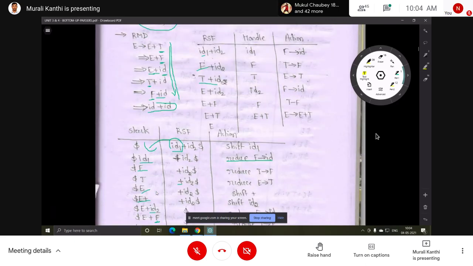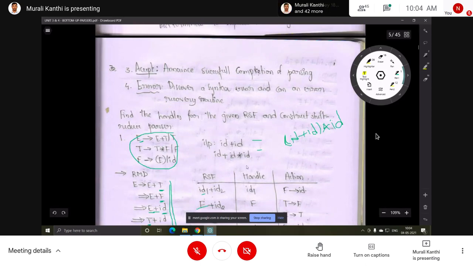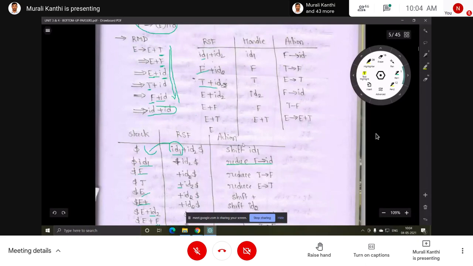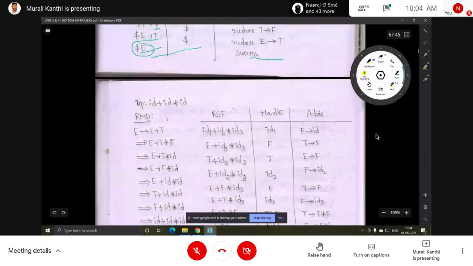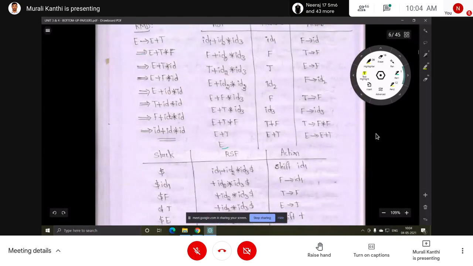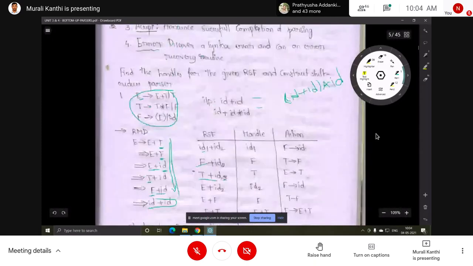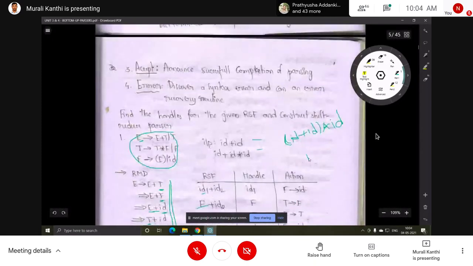Okay, but in the 2-3 cases above, this kind of input string is definitely accepted. Which one is not accepted? id plus id.